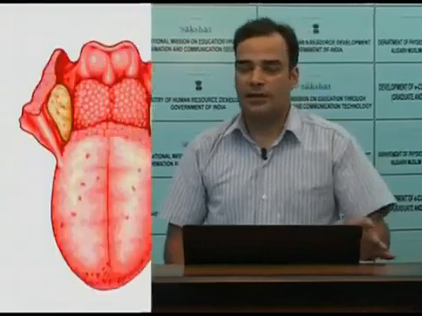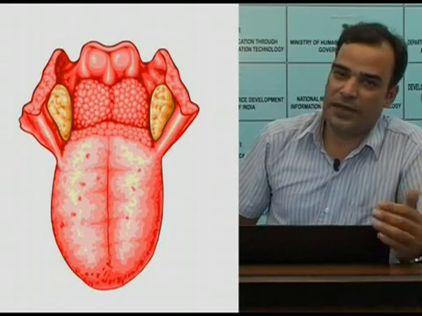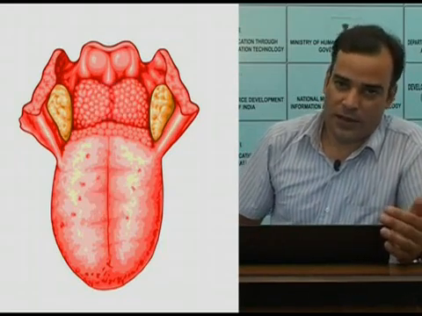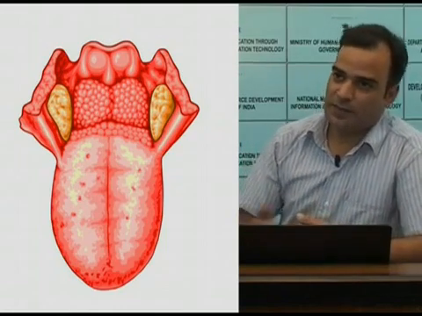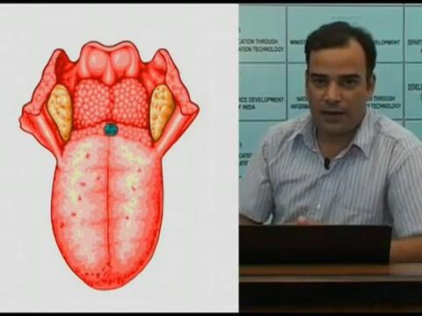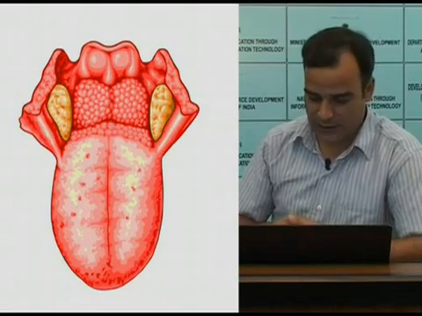In the diagram here, you can see first the pharyngeal part of the tongue and the oral part of the tongue. And both these parts of the tongue, that is the part that lies in the pharynx and the part that lies in the mouth, are separated by a V-shaped sulcus called sulcus terminalis.